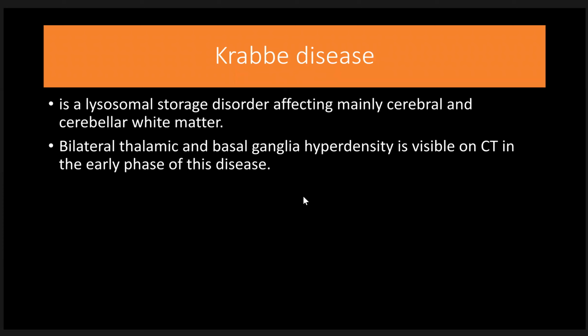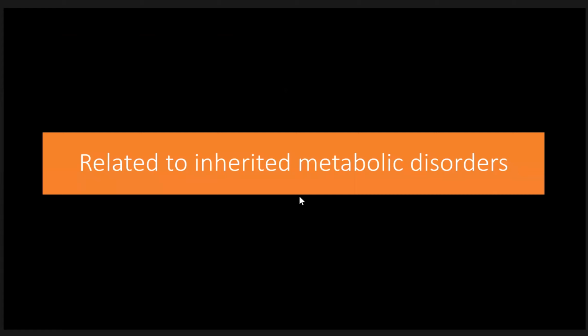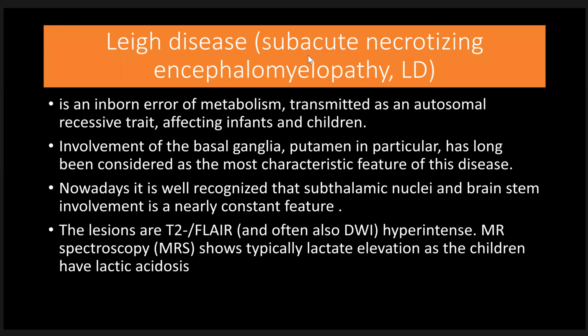Krabbe's disease is also another one of the causes of basal ganglia hyperintensity on the CT scan in the early stage of the disease. Another category is related to inherited metabolic disorder, as in Leigh disease, an inborn error of metabolism transmitted as autosomal recessive trait affecting infants and children.